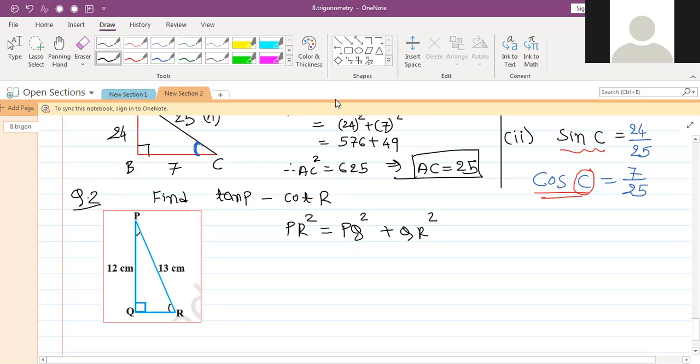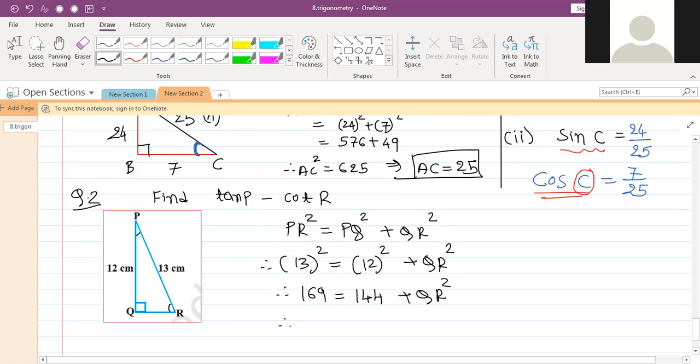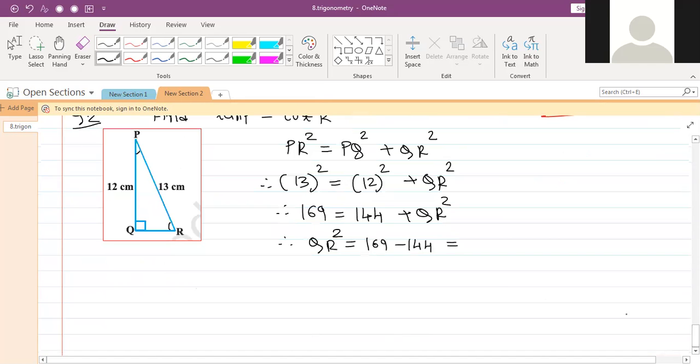PR is given as 13, so 13 square is equal to PQ, that is 12 square, plus QR square. 13 square is 169, 12 square is 144, so QR square is equal to 169 minus 144, that is 25, and therefore QR is equal to 5.